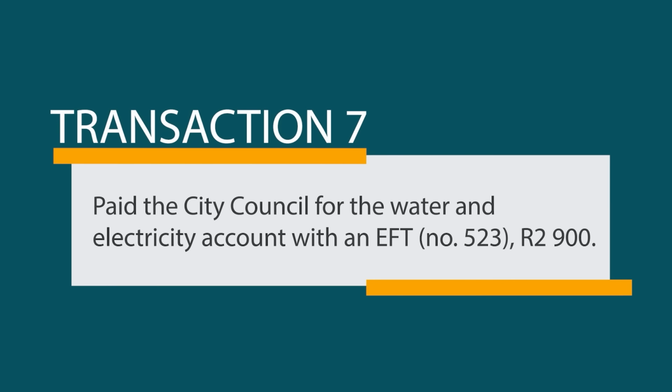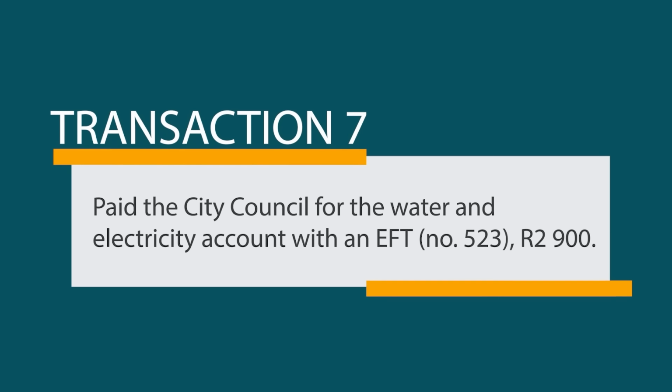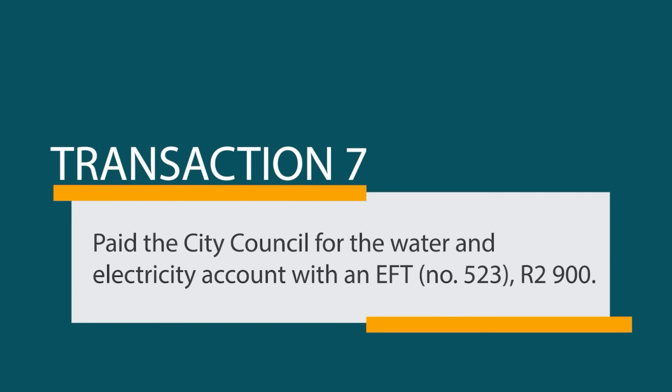Paid the City Council for the water and electricity account with an EFT number 523 for 2,900 Rand. So should this be recorded on the CRJ or the CPJ? Let's have a look in 3, 2, 1.